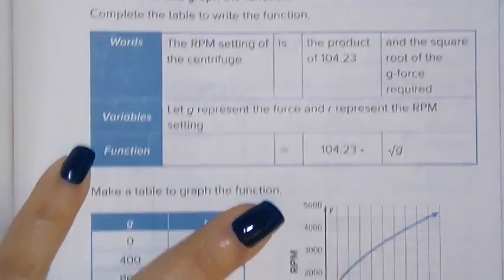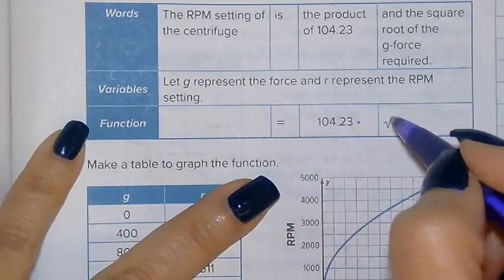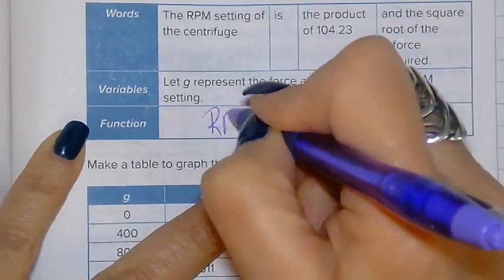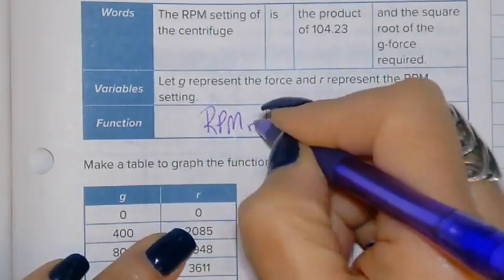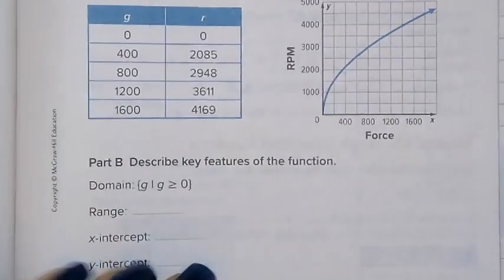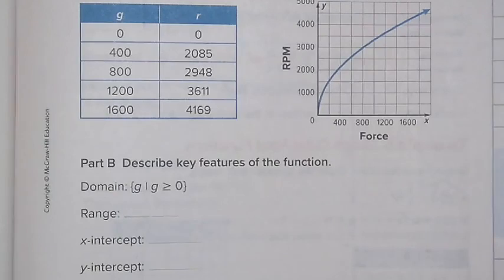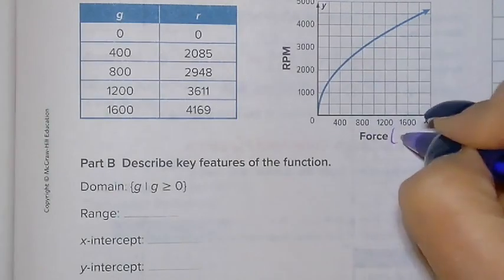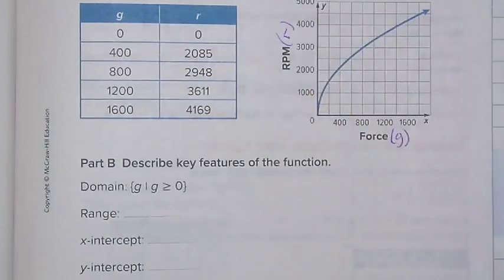This is words, variables, equations. I'm going to say RPM, and in our little graph, they call it R. They don't call it that here, but when they're talking about end behavior, they're talking this G and this is R. Okay, so here's our graph.